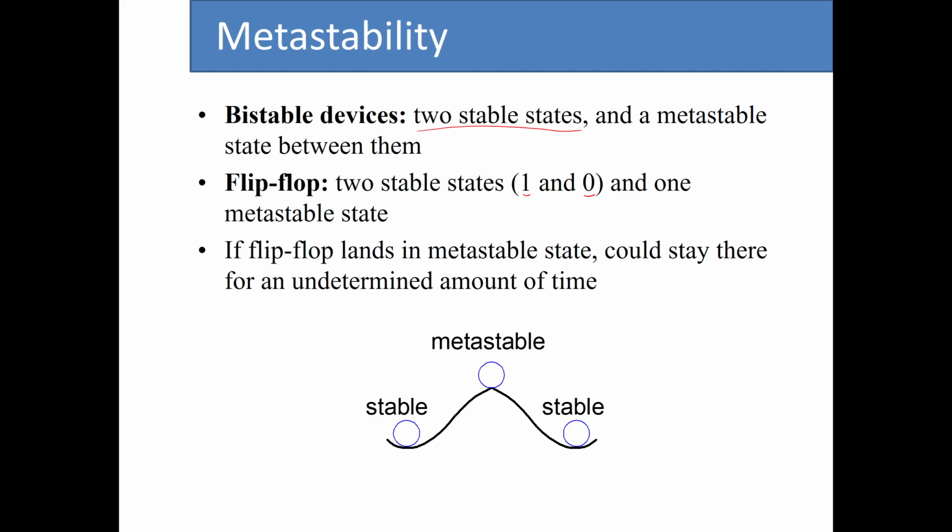If a flip-flop lands in a metastable state, it can stay in that state for an undetermined amount of time. So that is the general definition of metastability. We have two stable states and this metastable state in between them.